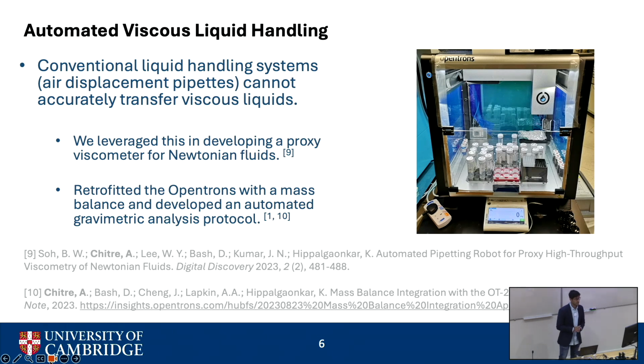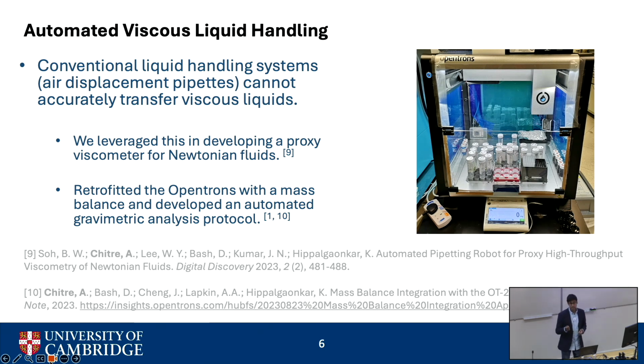Moving back to the experimental side, the first experimental step was automated viscous liquid handling on this OpenTrans robot. I had the choice between two different liquid handling robots in the lab that I was in, and favored using the OpenTrans for its ease of use and flexibility in programming different liquid handling parameters.